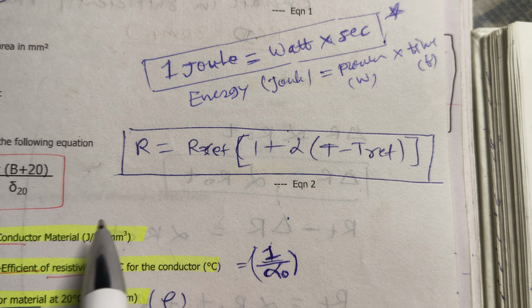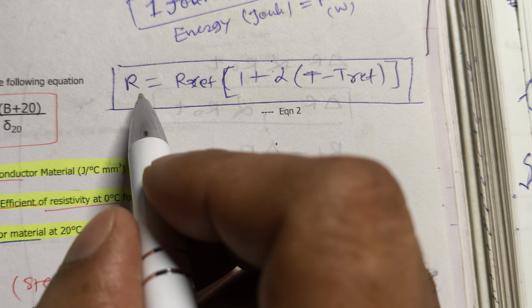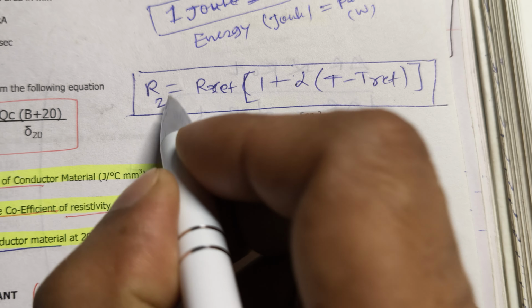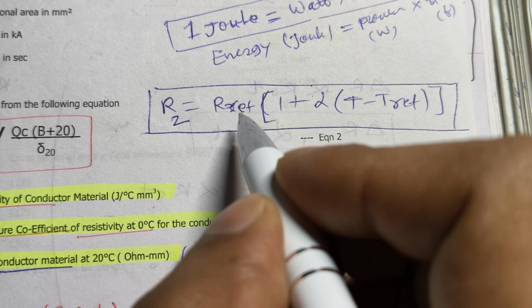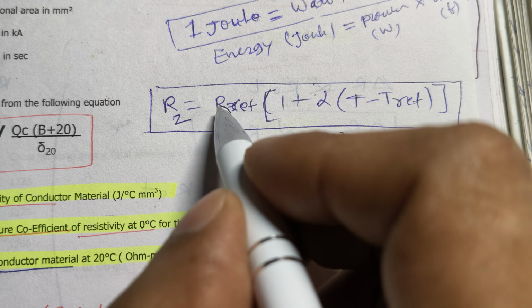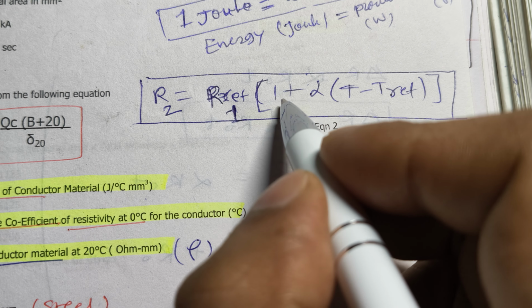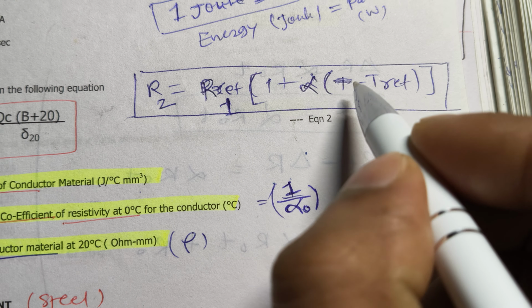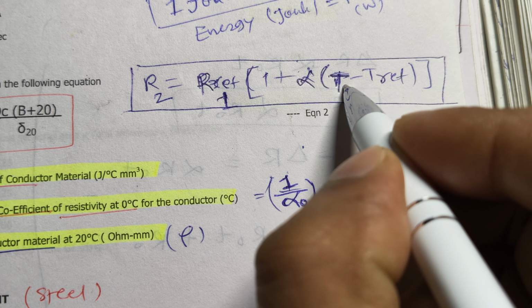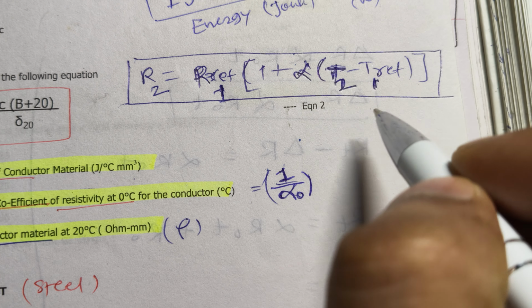With this, the resistance at the initial temperature and final temperature we can calculate. R2, the resistance at temperature 2, is equal to R1 into bracket 1 plus alpha into (temperature 2 minus temperature 1).